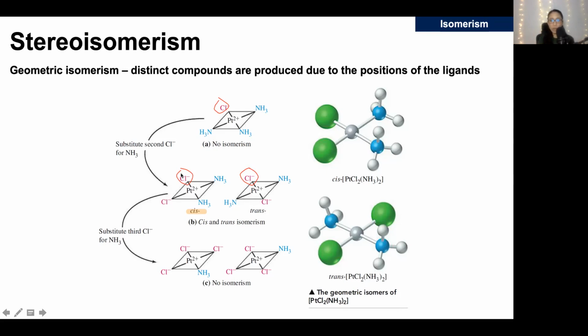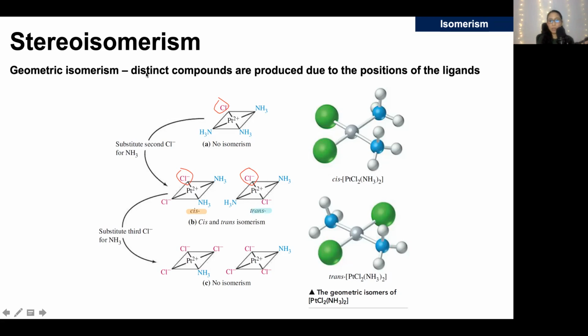But actually, in reality, we don't have this order of the attachment of your ligands. So basically, when you see the prefix cis, it means that the two ligands are on the same side. And we use the prefix trans if the ligands are opposite to each other.